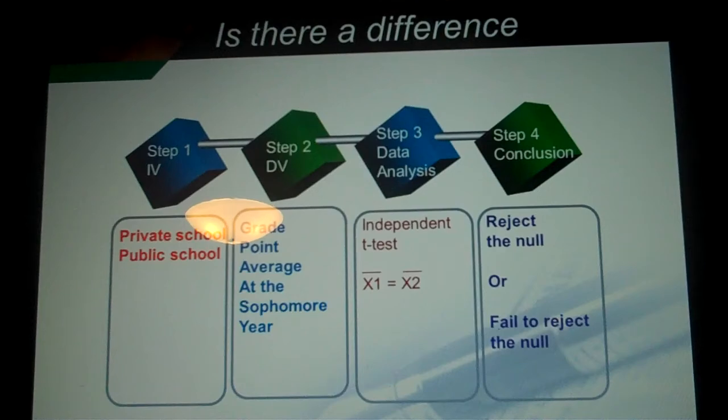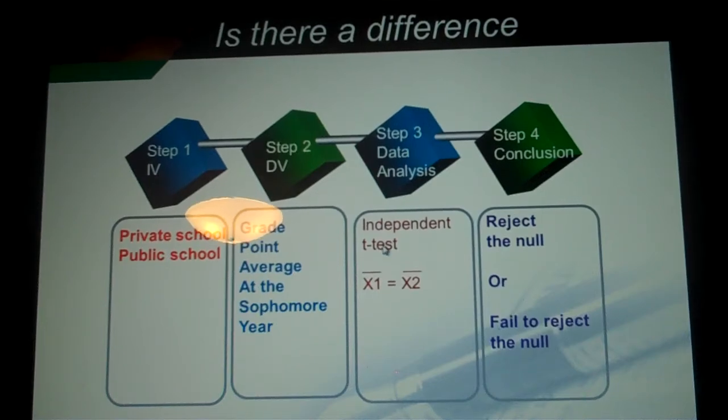Here are your steps. I'm going to make the assumption that a private school education is different from a public school education. So here are my two groups, private school, public school. And I'm testing grade point average at the sophomore level.